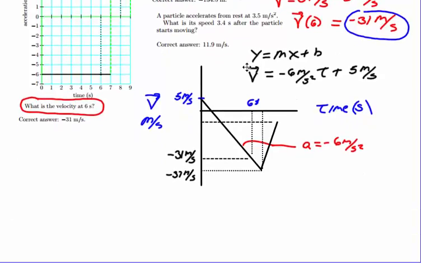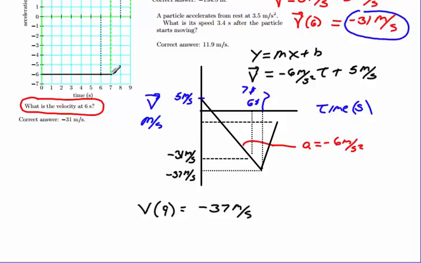Because really what we need is we know what this point is right here, right? We know that it's going to be negative 37. Can we not say that negative 37 meters a second, so I'll say the velocity at 9 seconds is going to equal what I have here, and remember this value here is at 7 seconds, right?